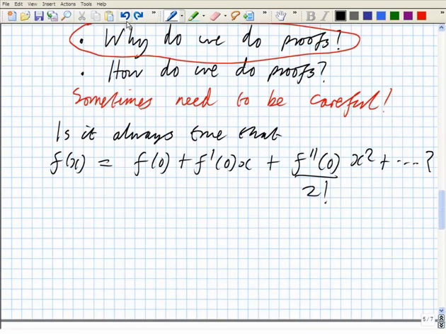There are, of course, problems, but I wonder how many problems people can think of. So this isn't always true.